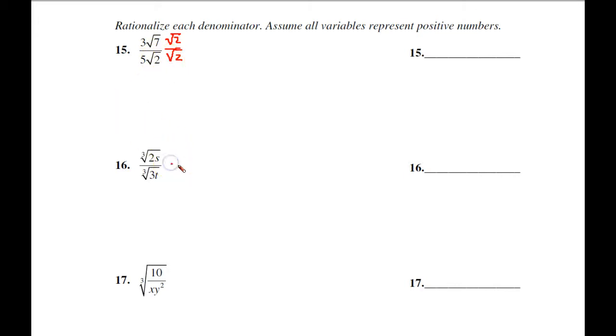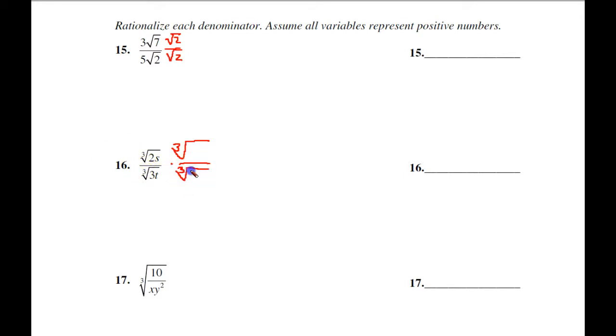And here we're going to use, this one's a little tricky already. It's going to be the cube root of what? Have to be the same. Now, it's not going to be 3t because that wouldn't make this a perfect cube.